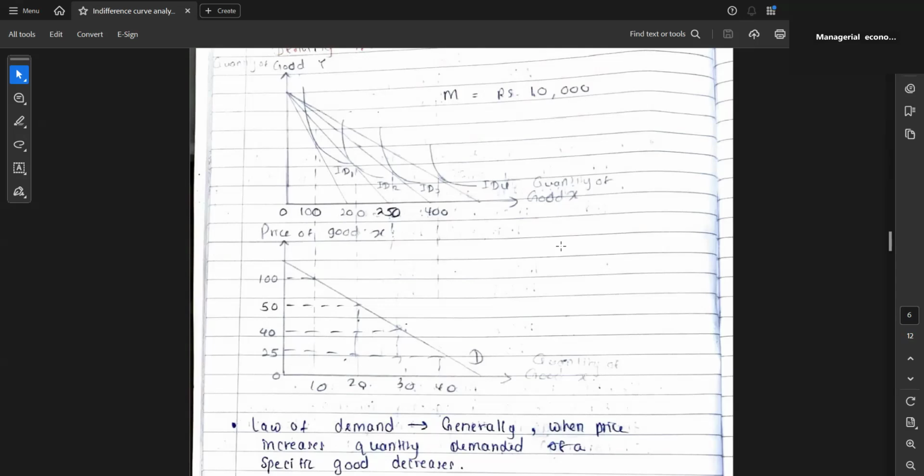So we can get the utility maximization points for each price level of good X. And if we draw a line connecting the prices and the quantities that provide utility maximization points, then we will end up with the individual consumer demand curve.